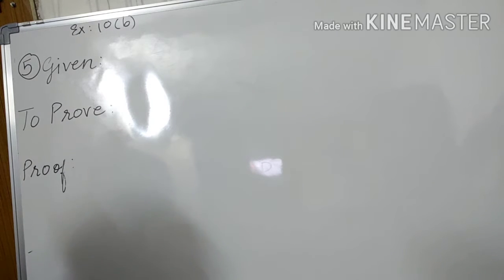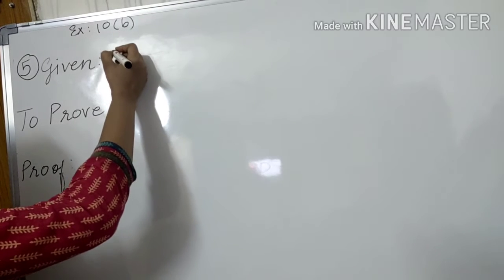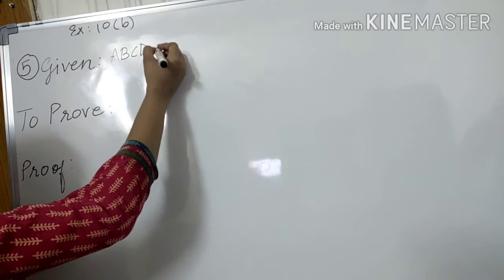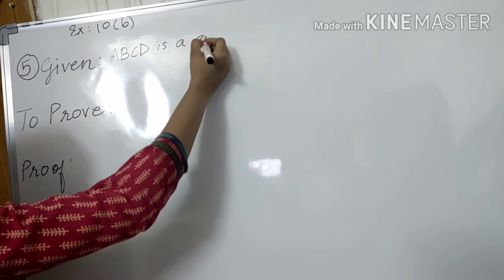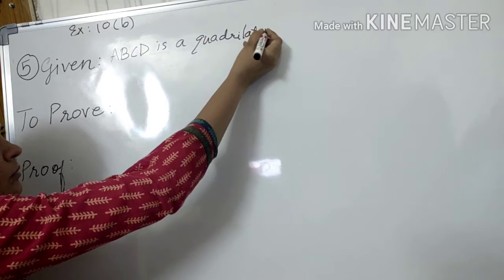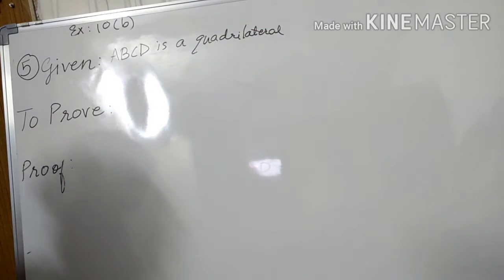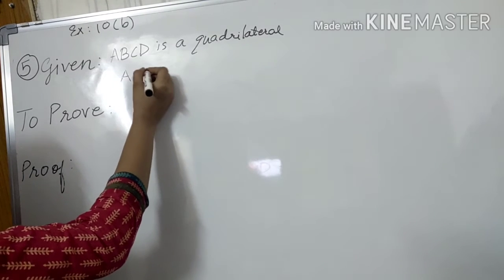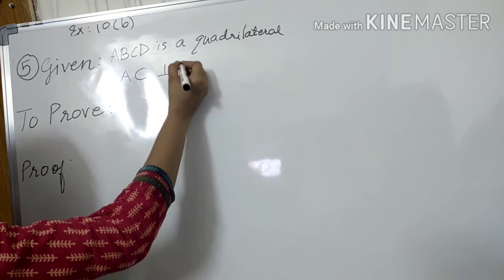So first of all, student, we will write our given part. In given part, ABCD is a quadrilateral. It is given already in the question. AC and BD intersect at right angles. What does it mean? That AC perpendicular to BD.